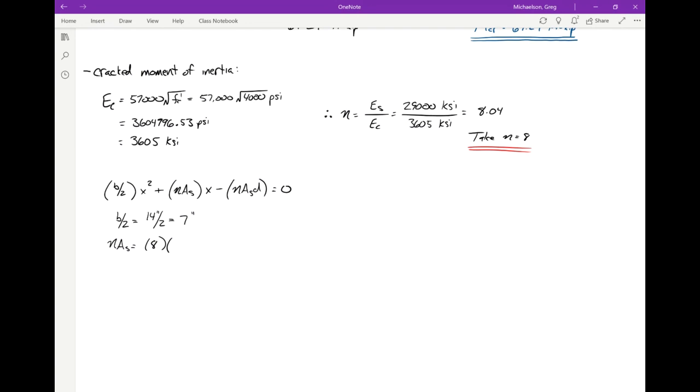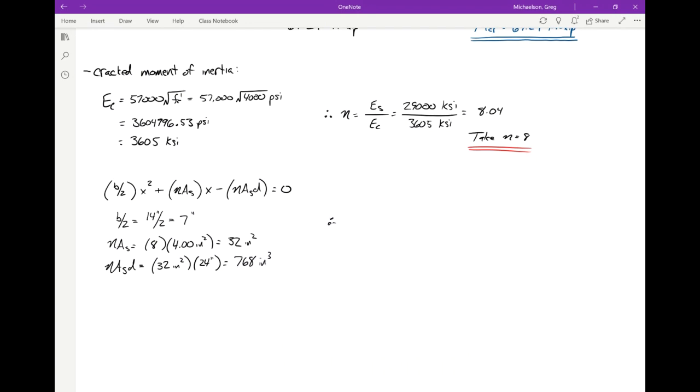This had 4 number 9s, so it has an area of 4 square inches. So that's 32. And then nAs d is 32 times d, which was 24. And so that comes out to be 768.